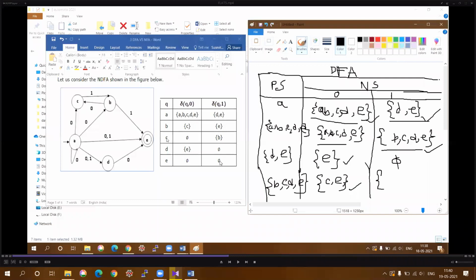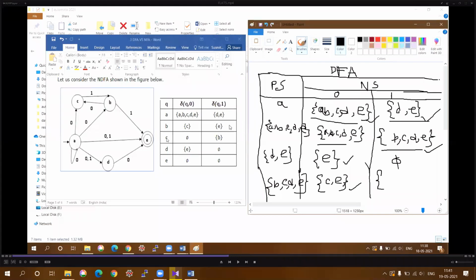So, unique states we are getting here are D, E, E and B. So we should write D, E, B or B, E, D. This C state should not come. That was my mistake. Here I thought this is not E, this is C, and somehow I missed this thing.